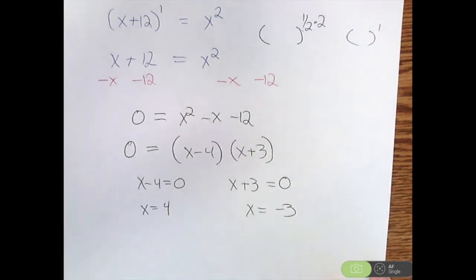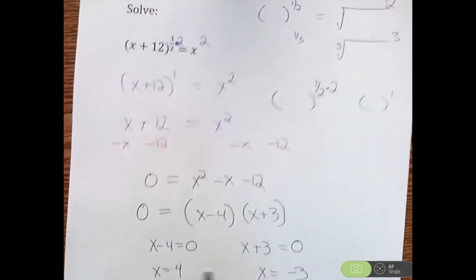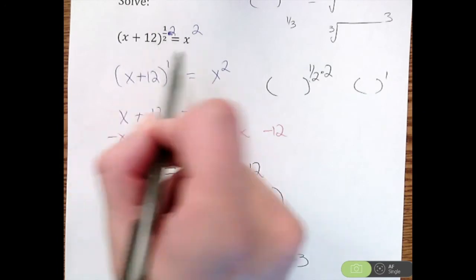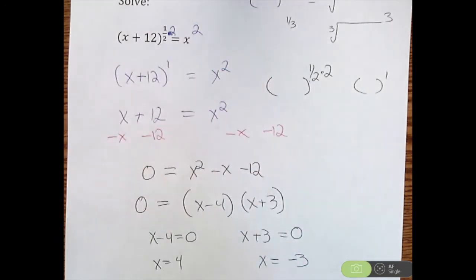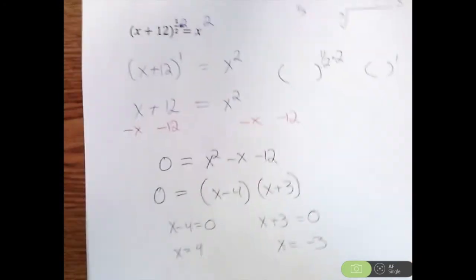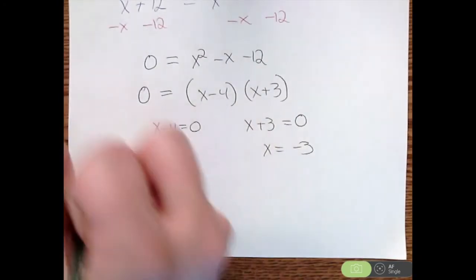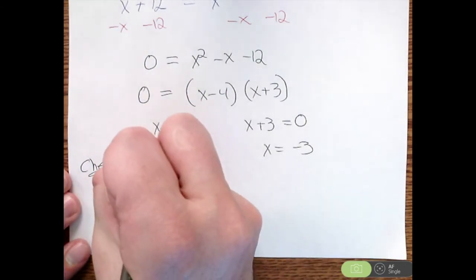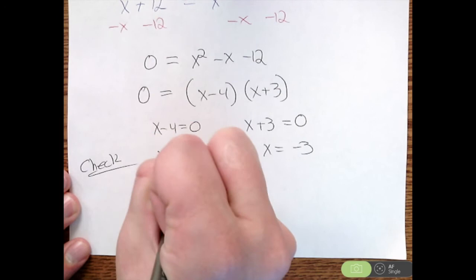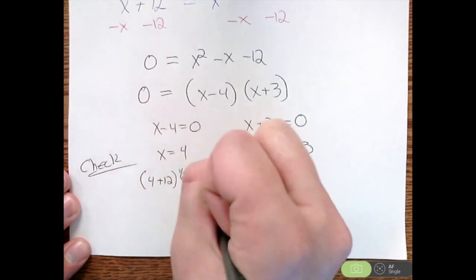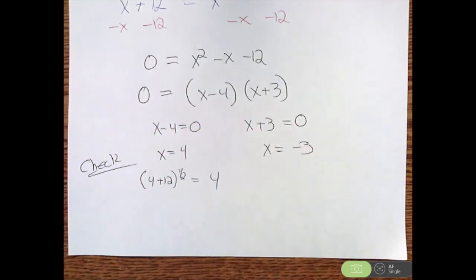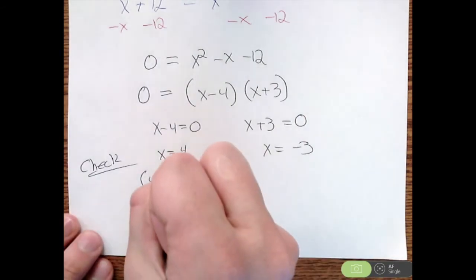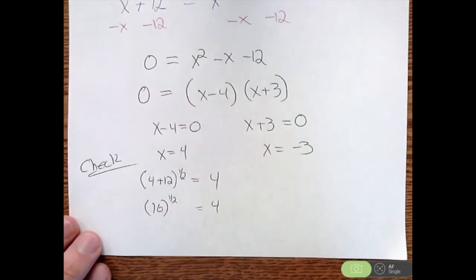But before I box these and move on, I need to plug those answers back into my original problem to make sure they work. So I have to ignore those squares there. Checking 4: 4 plus 12 to the 1/2 power equals 4. 4 plus 12 is 16, so 16 to the 1/2 power equals 4.